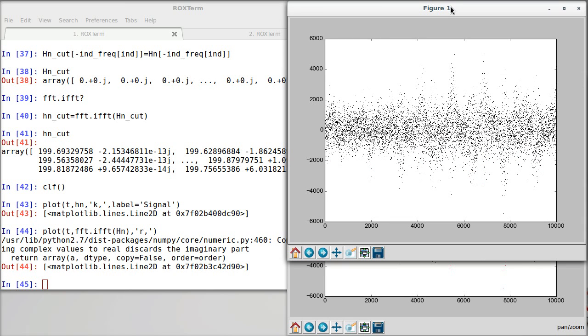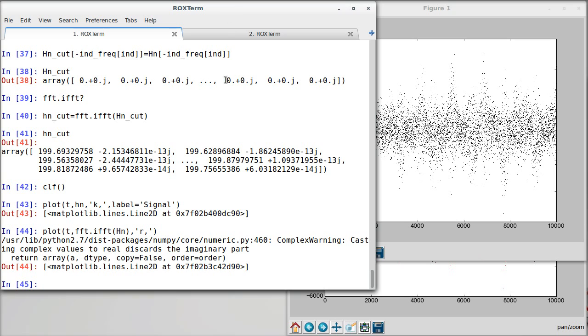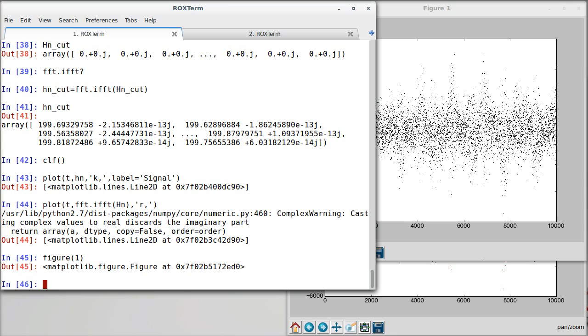Again, there's no guarantee that any particular library or implementation you're using will do this. It's nice that this one does. What that means is that we can now plot HN cut. We want to do this back on our original plots, so let's go back to figure 1.